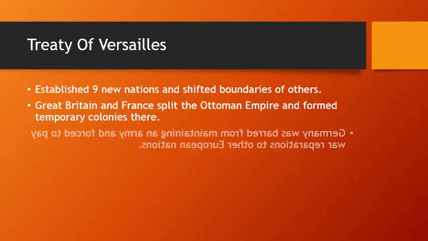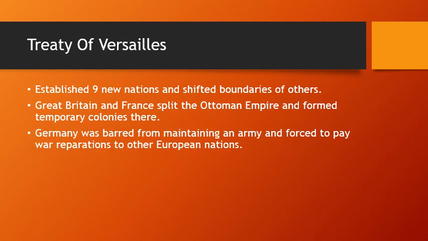And on the other end, Germany was banned from having an army and was forced to pay $33 billion in war reparations. That's a lot of money today, and it's a ton of money back then.